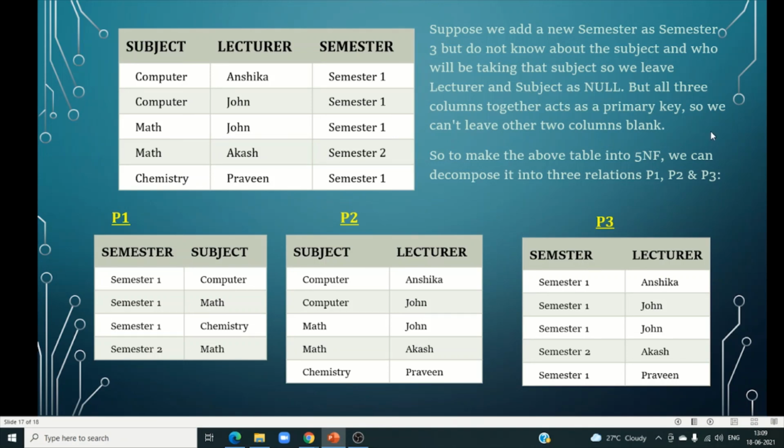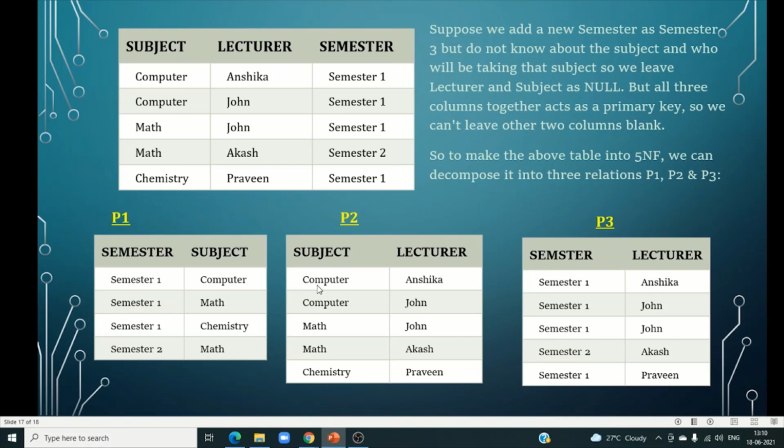We are decomposing this table into three tables, P1, P2 and P3. In P1 we have semester and subject. For semester 1, the subject is computer, as well as maths. For semester 1 we have chemistry, and for semester 2 we have maths. The combination of these two becomes the candidate key. For table P2 we have two columns, subject and lecturer.